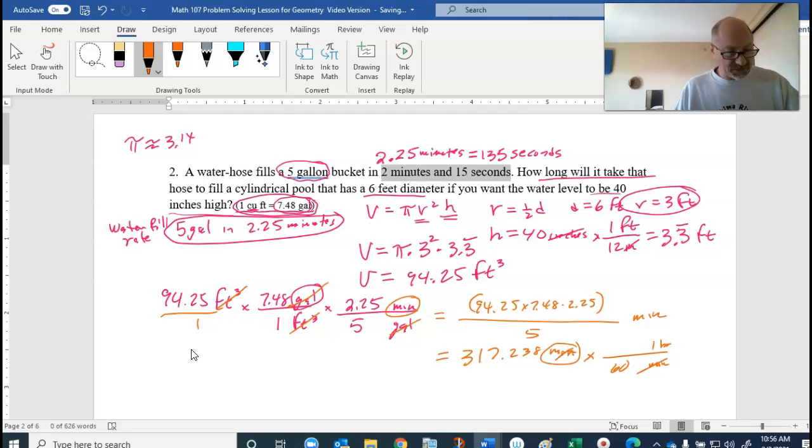And so I'll just take my answer, divide by 60, and we've got how many hours it'll take, and that's 5.28 hours, or about 5 and a quarter hours, or about 5 hours and 15 minutes, okay? It might not quite hit exactly 40 inches, but, you know, it's a little backyard swimming pool.